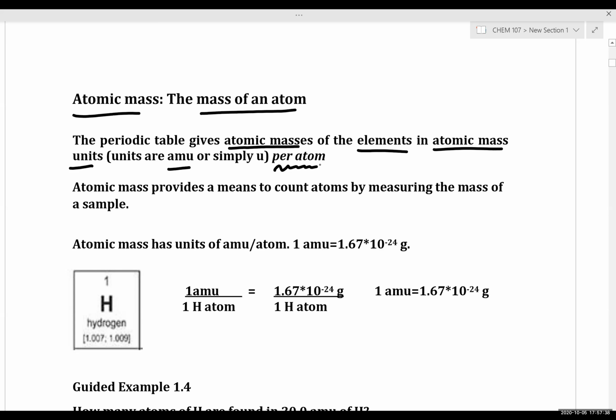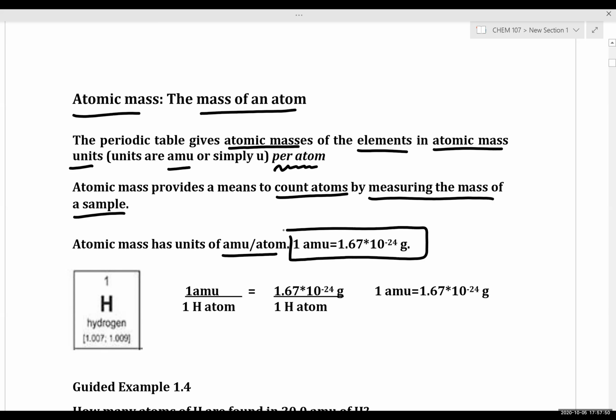Atomic mass provides a means to count atoms by measuring the mass of a sample. So atomic mass has units of AMU per atom, where an AMU represents a very, very, very small number of grams.